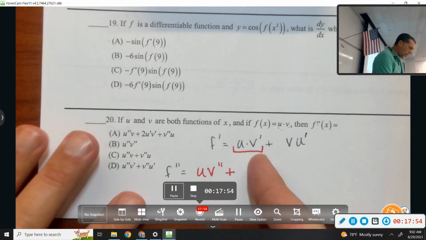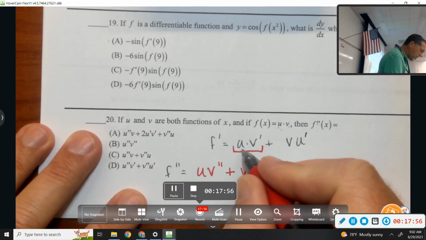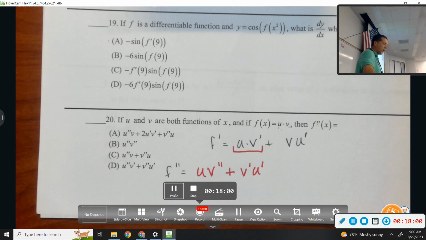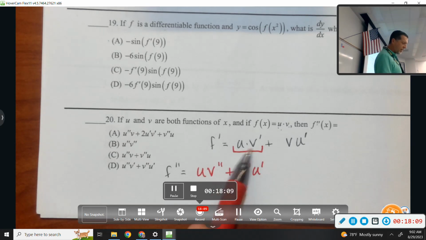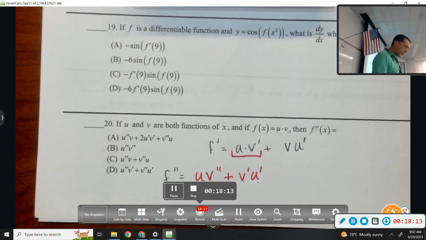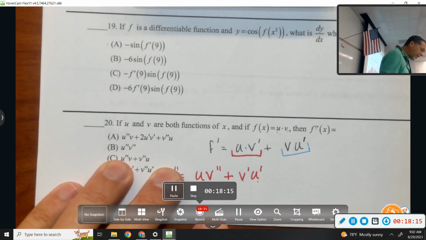So I'll take v prime times the derivative of the first one, which would be u prime. It might be easier to say I did the first times the derivative of the second, and then the second times the derivative of the first. And then I need to do that again on the second term. So I'll phrase it that same way.